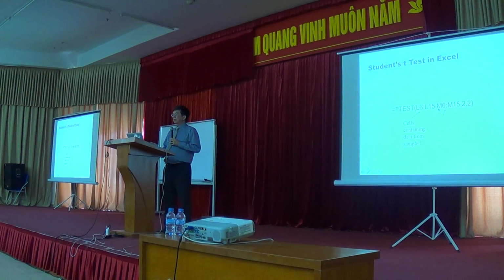Here, after the comma, you specify the cells that contain the data from sample 2. And then, after another comma, you specify whether your test is a one-sided test or a two-sided test. Okay, you have a 2 for the two-sided test.